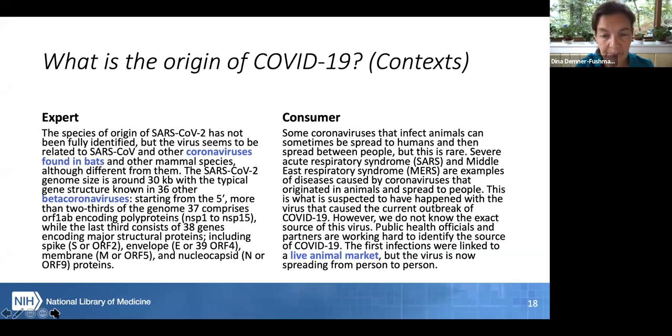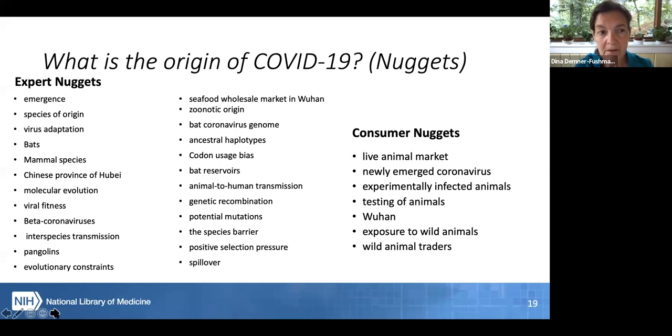You can see in blue the expert answers and the consumer answers highlighted in their snippets. And this is the difference, for that same question, in what the assessors thought would be an appropriate detail level for the expert and for the public. You can see that, for most of the questions, the assessors assigned a lot more nuggets to the professional level.